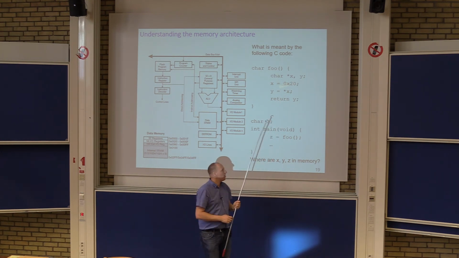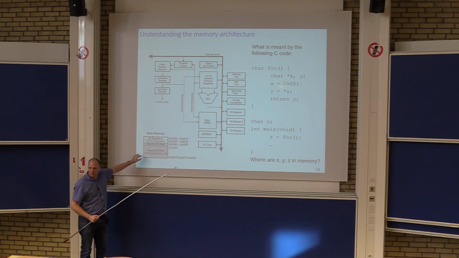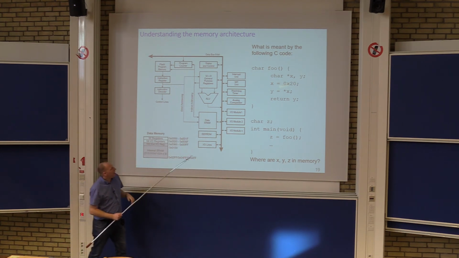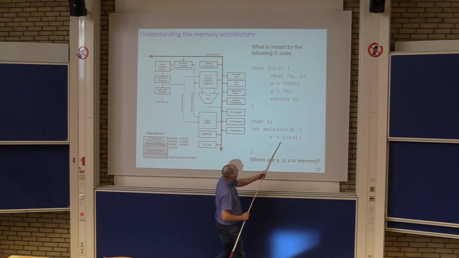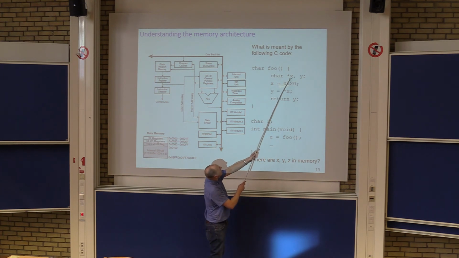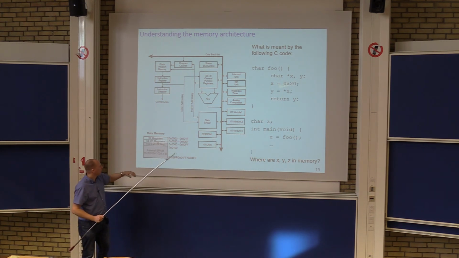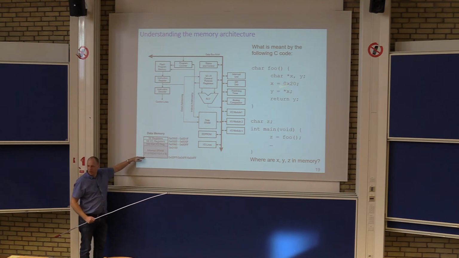This is the reason why you have this concept of the stack, as we talked about before. When you call this function, x and y will be put on top of the stack. The stack was growing from the bottom, like this, right?